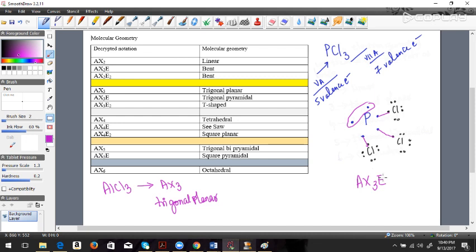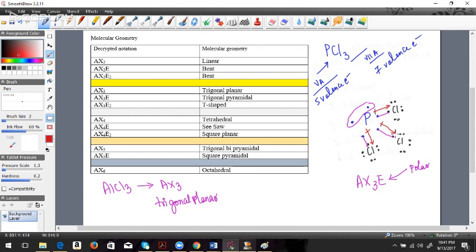So the E cannot be treated like it has no real purpose, right? Now for molecular geometry, the E makes it polar, and that has not changed from the previous, and how you assign polarity is also not different. If you look at your electronegativity table, I can tell you without even looking at it that phosphorus is going to be less electronegative than chlorine, and the same for the rest of them.